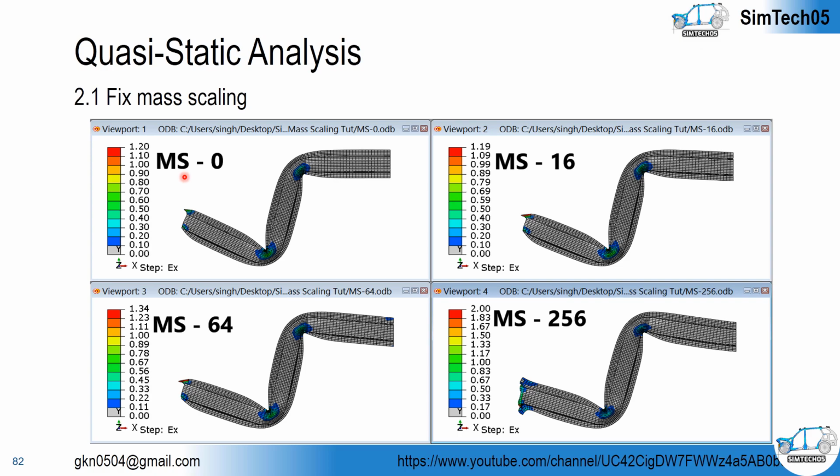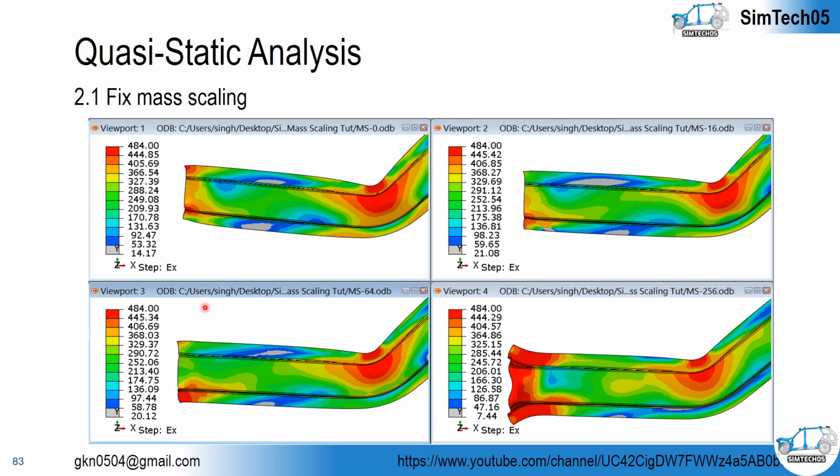But then there is no sense. If we need to perform the simulation in the actual time without mass scaling to compare, then there is no meaning of such mass scaling. So to check whether those results are accurate or not, we will always check the energy balance. Okay, before checking the energy balance, let's talk about the deformation pattern.